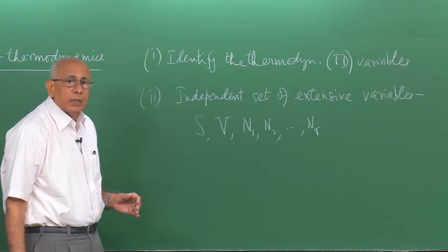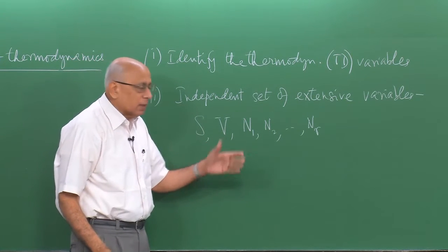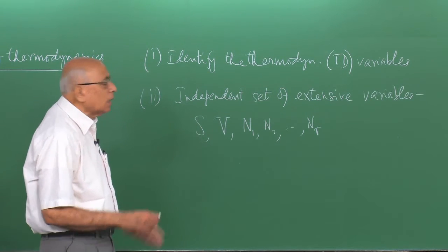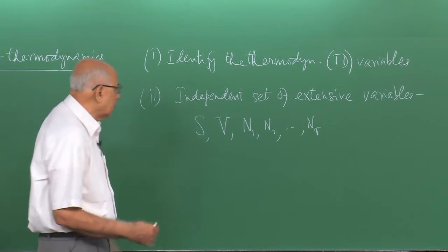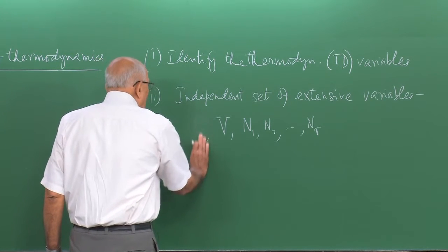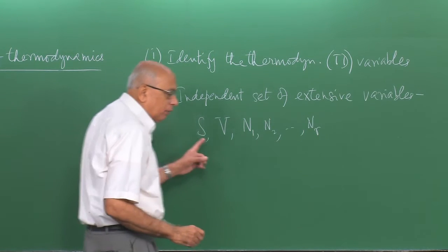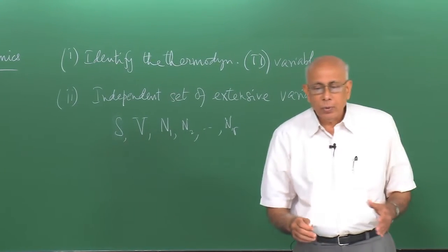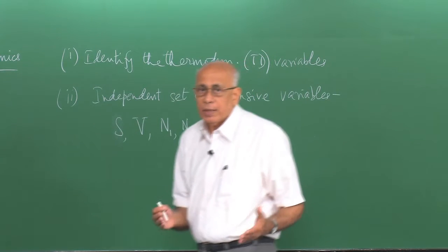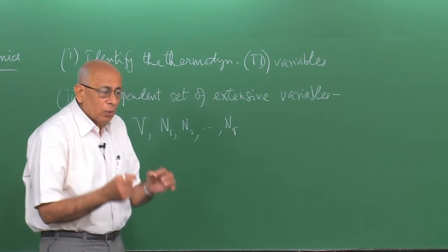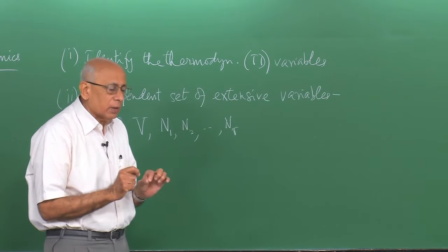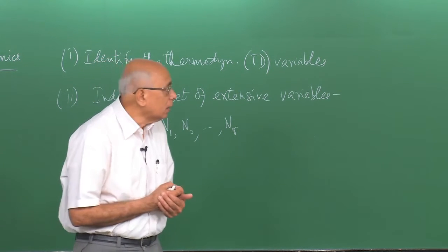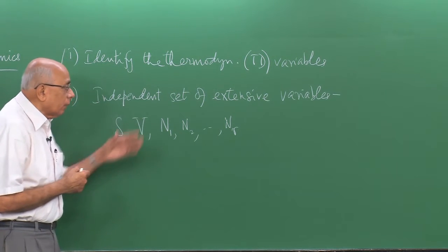Now under normal circumstances this provides a complete set, at least for the kind of systems we are going to look at. This is a full set of variables in terms of which you can express everything else, and we have to say a lot more about what this S is. I mentioned a couple of times that in equilibrium statistical mechanics, if you enumerate all the possible microstates of the system, namely you tell me all the relevant details about what each elementary constituent of the system is doing at any instant of time, you have given me a microstate.